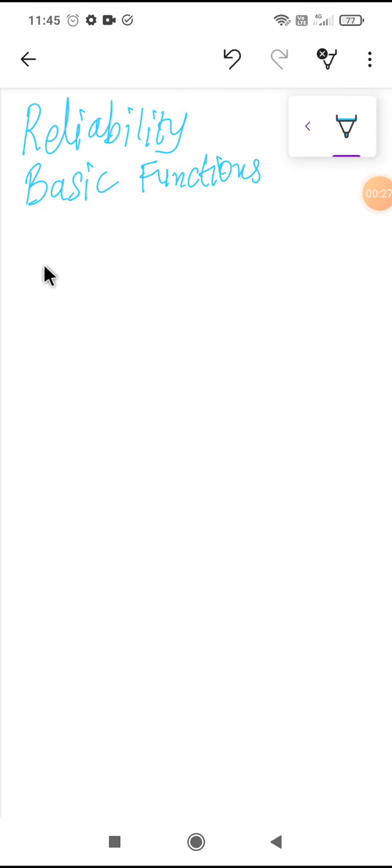So what is MTBF? MTBF is mean time between failures. The reliability of a component or a whole system is measured by MTBF.